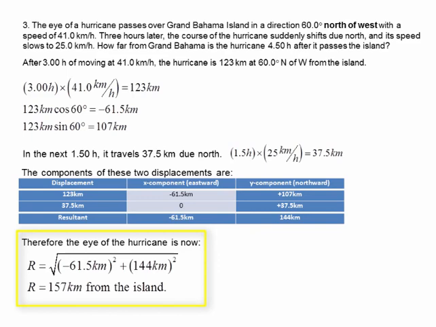So for that total 4.5-hour period, with the rate of speed changing and the hurricane changing direction, we end up with the hurricane 157 kilometers from the island 4.5 hours later.